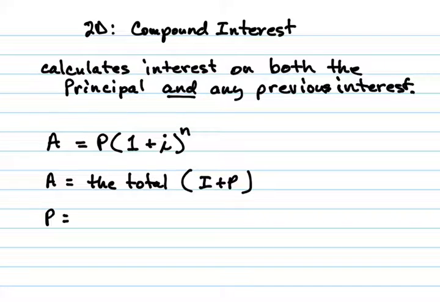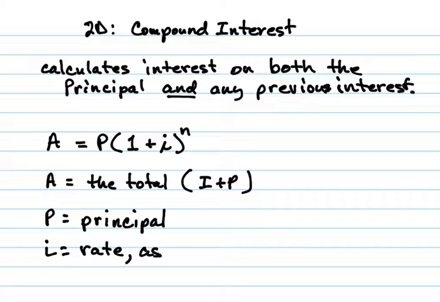P, of course, is still the principal. i is the rate as a decimal. And again, you can use r, the rate, as a percent because you're going to put it into your calculator anyway. Your calculator will automatically change it into a decimal, so I'm not too bothered with that.